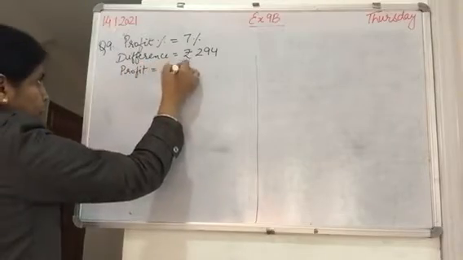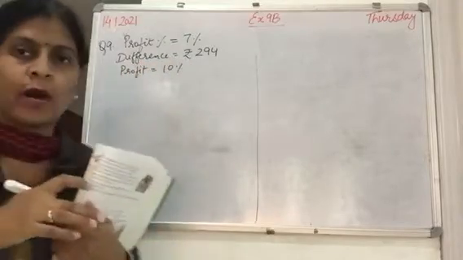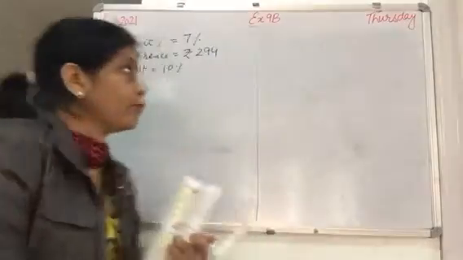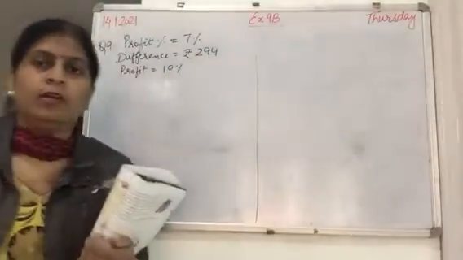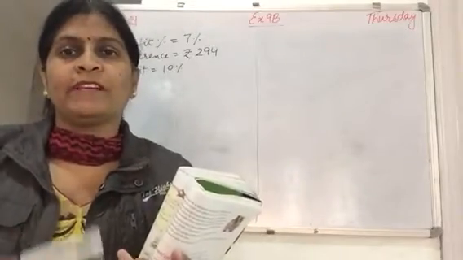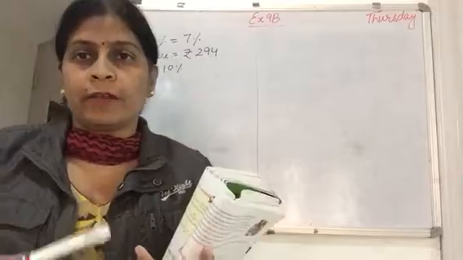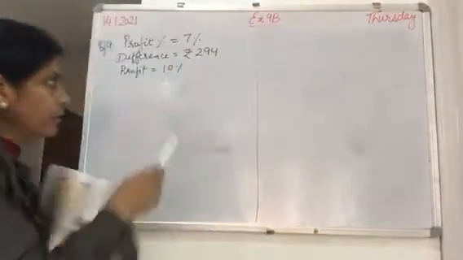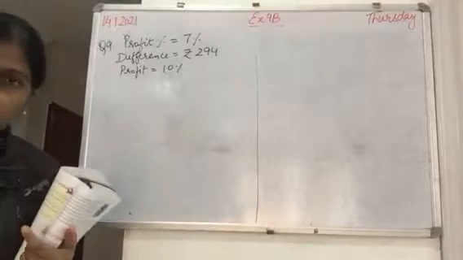Now two situations are given. One is she sold her gold necklace and got a profit of 7%. Second, if she had sold it for 294 rupees more than the selling price, she would get a profit of 10%.